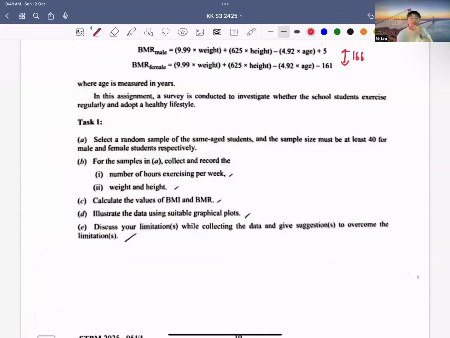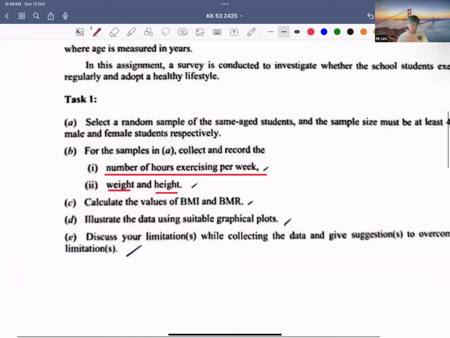I have a sample of 50 male and 50 female, not 25 and 25, so in total 100. You need to collect the data: number of hours exercising per week, weight, and height. Three things, in kg and in meters.